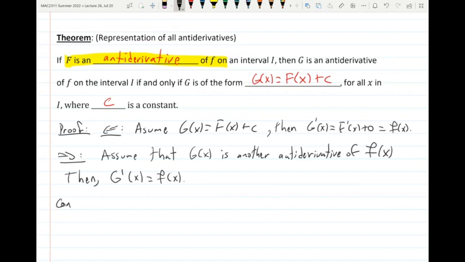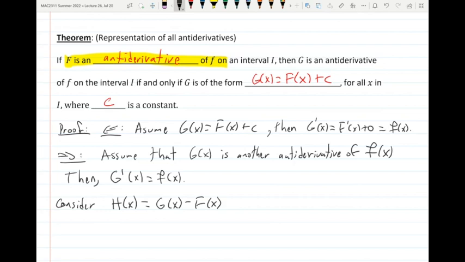So consider the function h of x. I'm going to call it h, and it's going to be the difference between G and F. So let's see. I'm going to write it as g of x minus capital F of x. Okay. Nobody can stop me from writing this down.